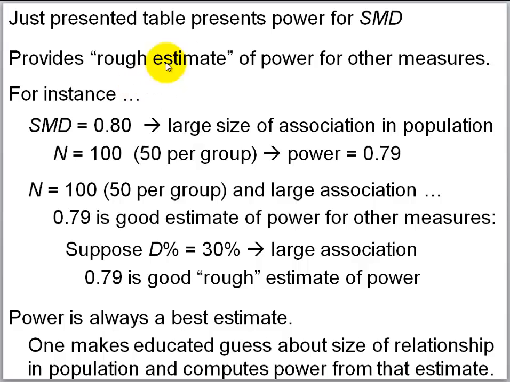The just presented table was presenting power for the standardized mean difference. Now, this table will give you a reasonable rough estimate of power for other measures. So, as an instance, when the standardized mean difference was set to 0.80, that's our designation of large size of association in the population, our power calculated to 0.79.